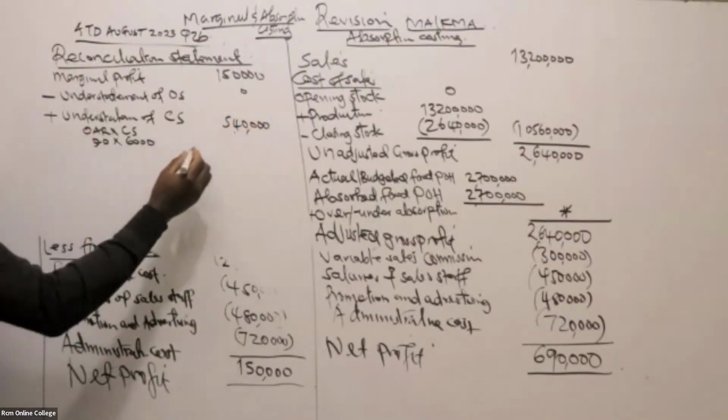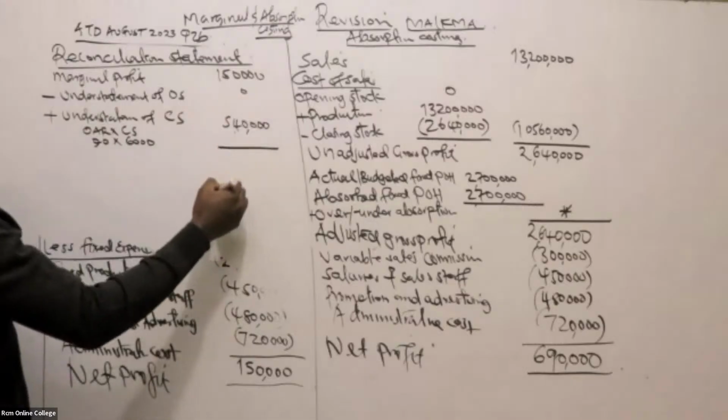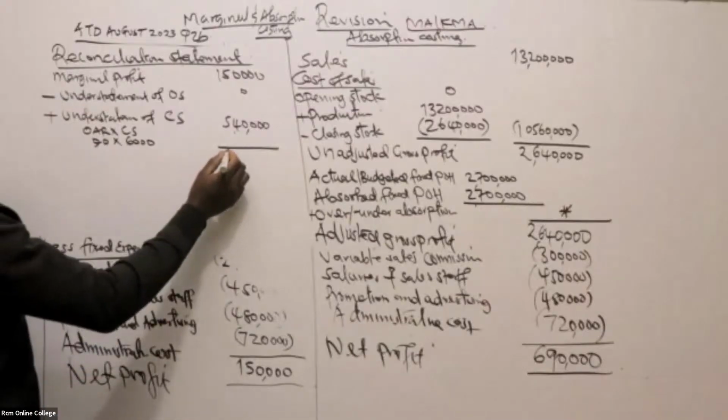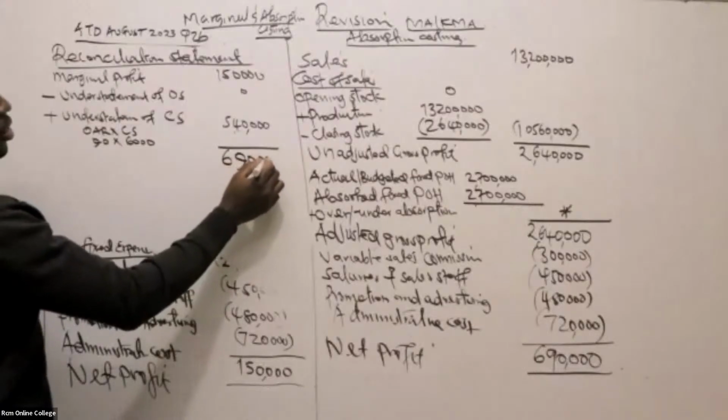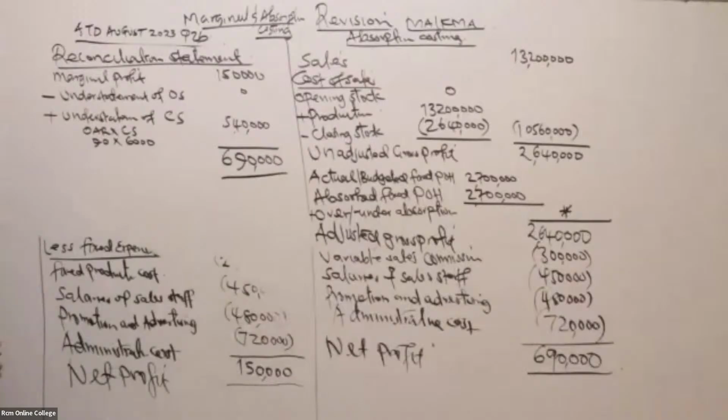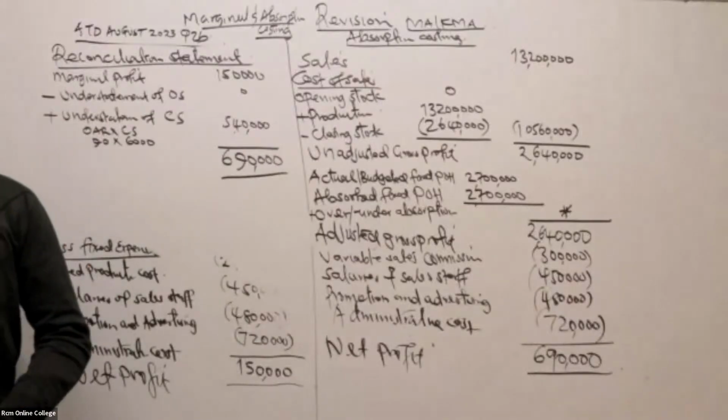Remember, we are adding. So 150 plus 540 will give us 690,000. Did you manage to get this 690,000 anywhere under the two methods?